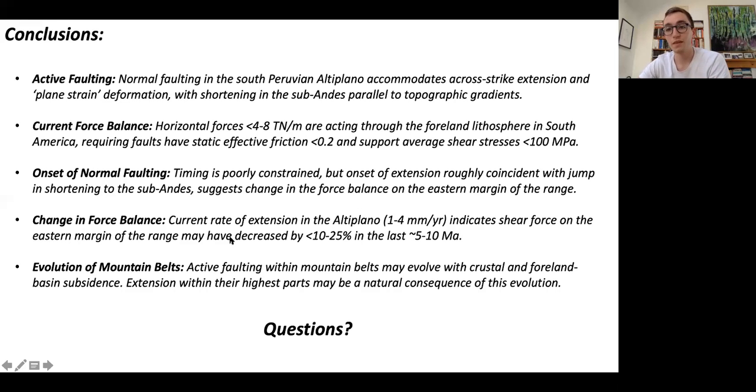I think that's a really important question to try and address. But I've not been to the Bolivian Altiplano, and I think if there are some people who have, then I mean, I've looked in that area and I can't find any evidence of big faults. Big active faults. There's nothing in the geomorphology.